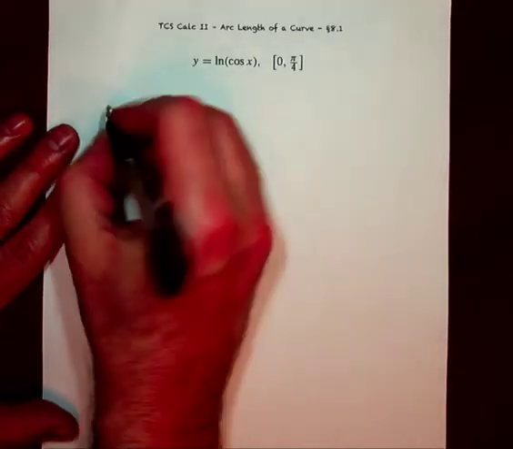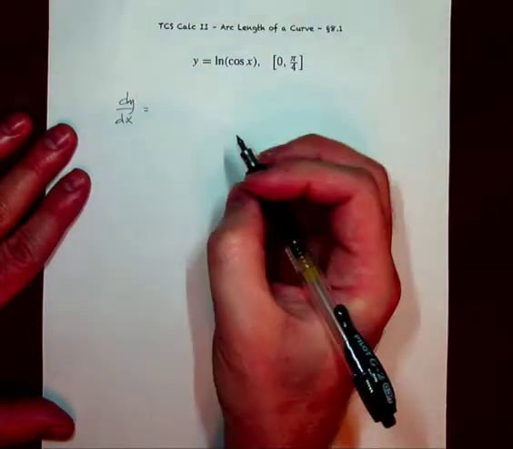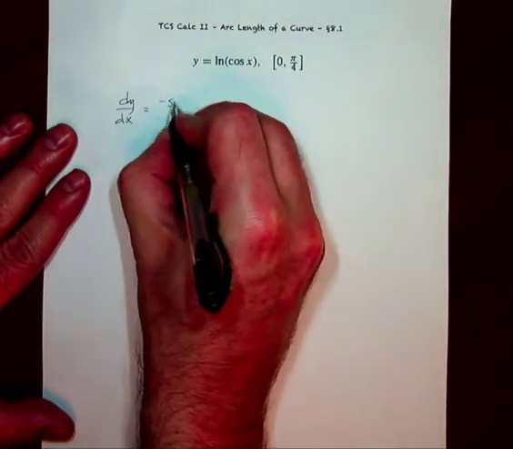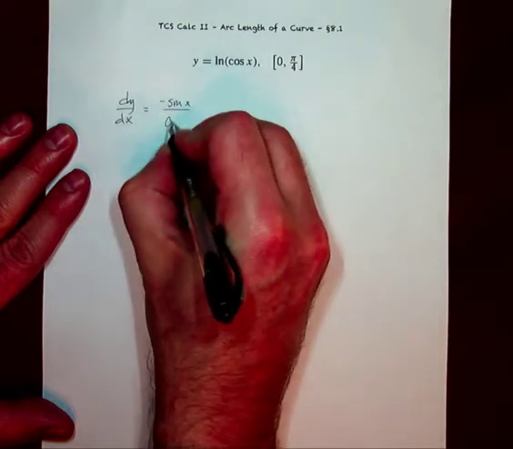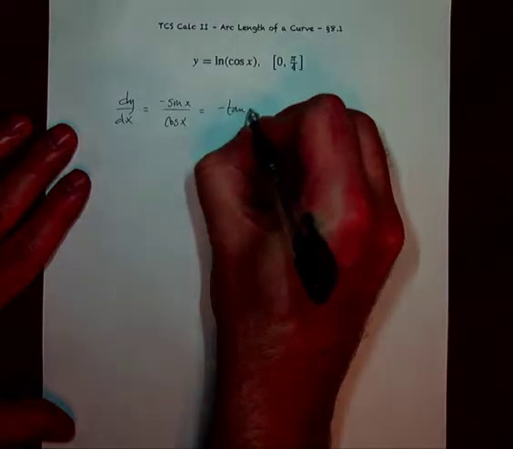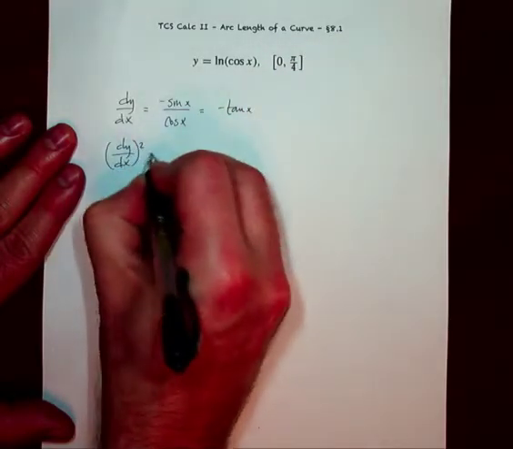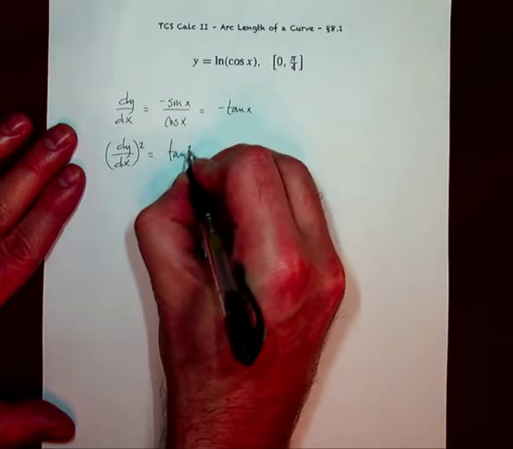And this one as well is going to be really sort of a slow pitch softball kind of problem, because when you do dy/dx, I know that I'm going to get negative sine x in the numerator and cosine x in the denominator. That's going to be negative tangent x, and when I square it, I'm going to get tangent squared x.